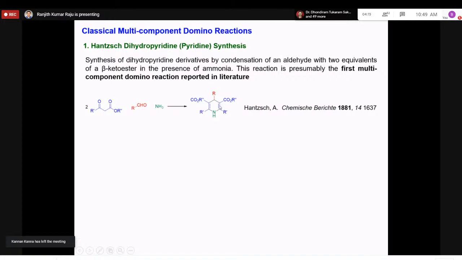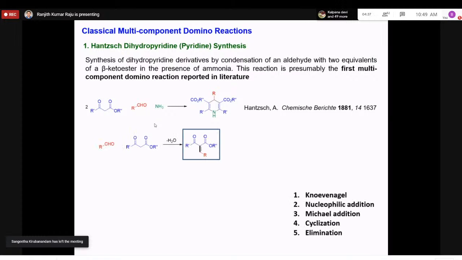You can see you have 4 components, and the product has parts of all the 4 reactants. Such reactions can be categorized as multi-component. In this case, it's a 4-component domino reaction. Presumably it is the first multi-component domino reaction that has been reported in the literature.